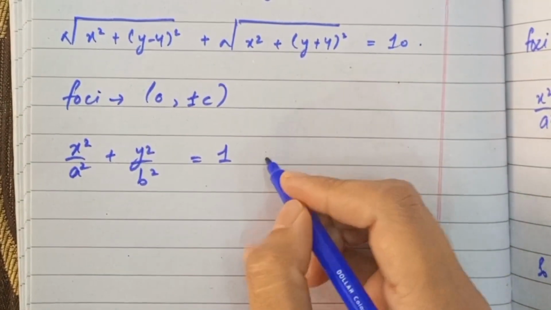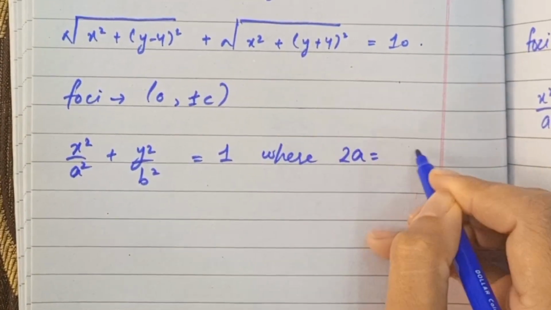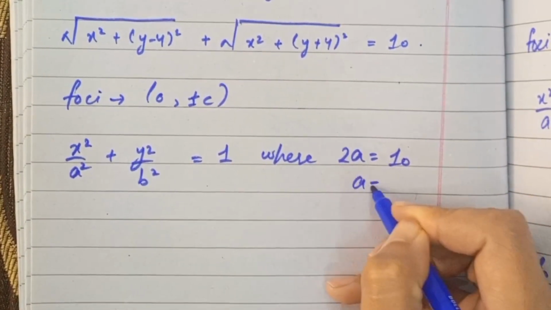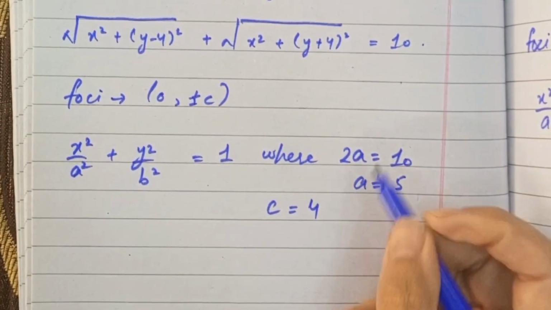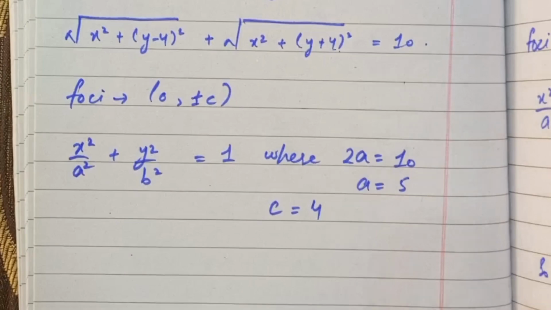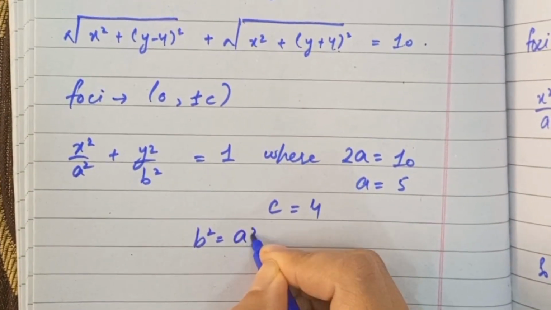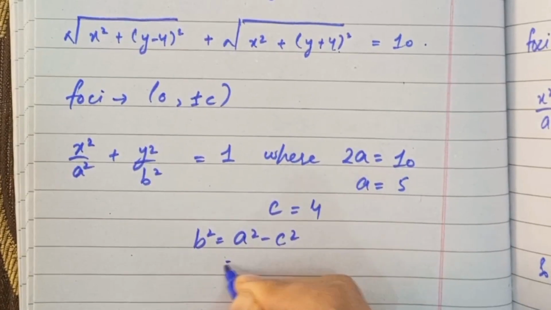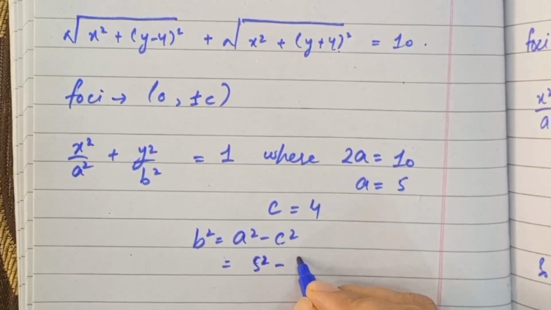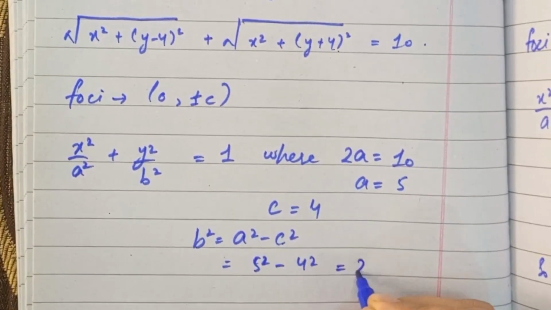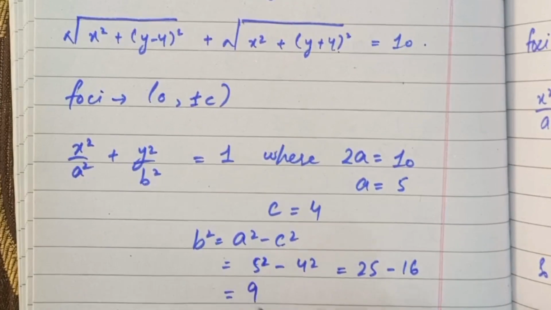So here, when we compare it with the above one, 2a equals 10, a will be 5, and c will be 4 because y is plus minus 4, and b square will be a square minus c square. That is, 5 square minus 4 square, so this is 25 minus 16, which is equal to 9.